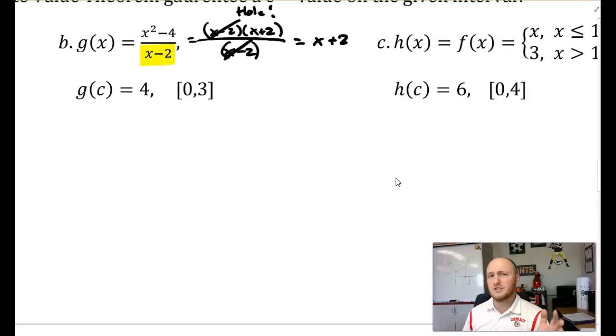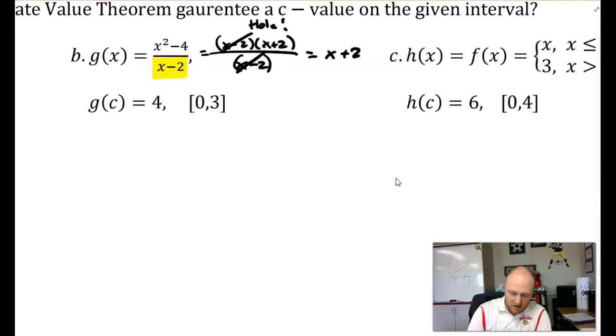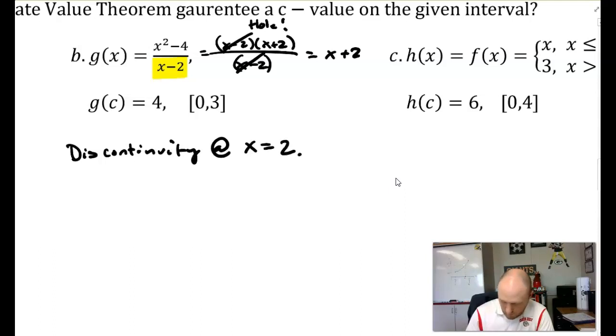Now, with rational functions, it's either going to be a hole or an asymptote. But for our purposes, there's a discontinuity. Now, where is that discontinuity? At positive 2. Now that is smack dab in the middle of our interval. So g is not continuous on that interval 0 to 3.